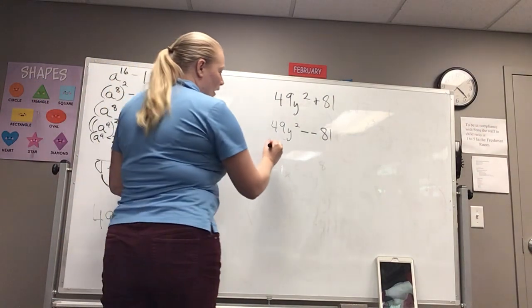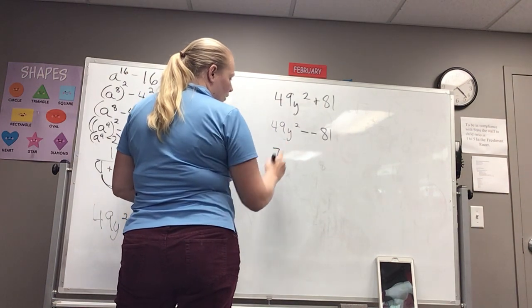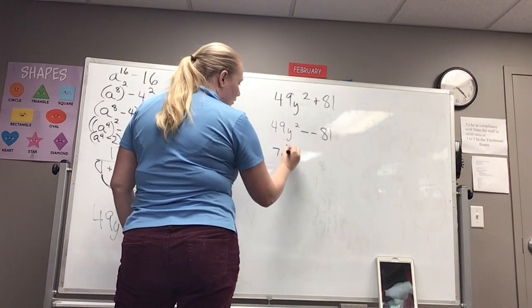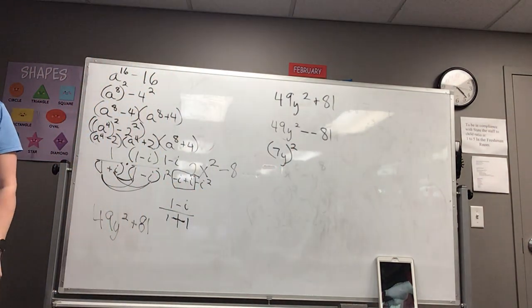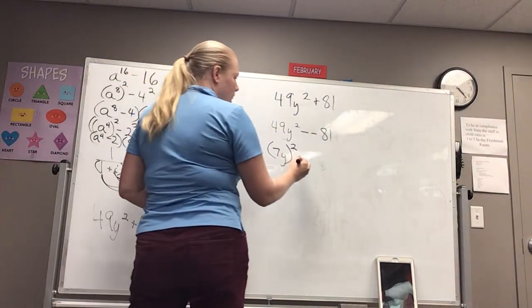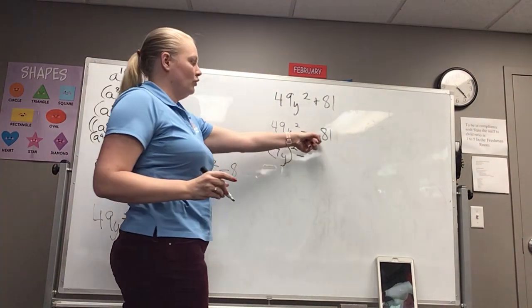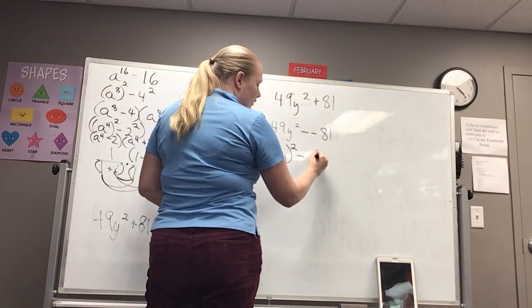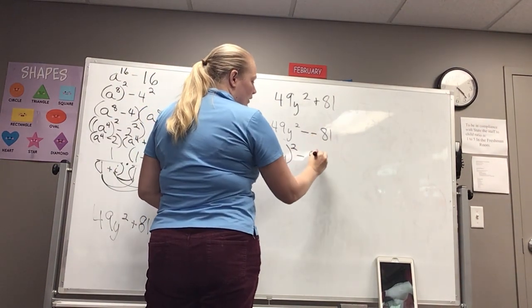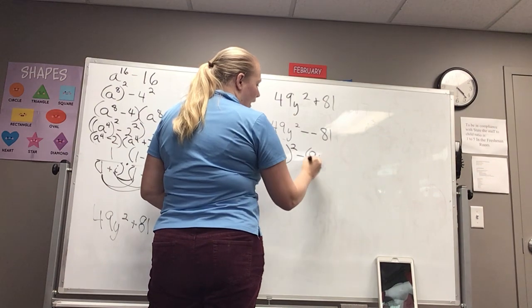Square root of 49 is going to be 7. Square root of y squared is going to be y, and so our first term is 7y. That's our first square, or our first thing. And our second, square root of negative 81 is, square root of 81 is 9. Square root of the negative is i.